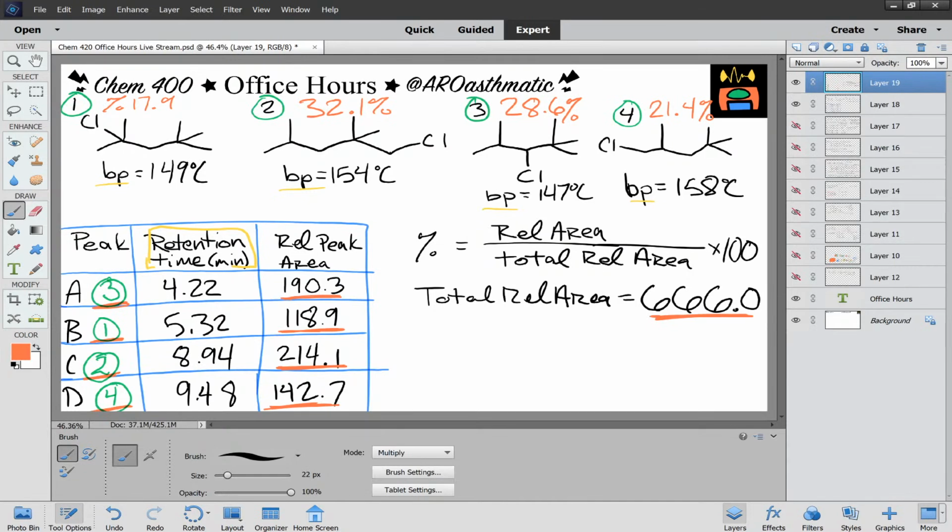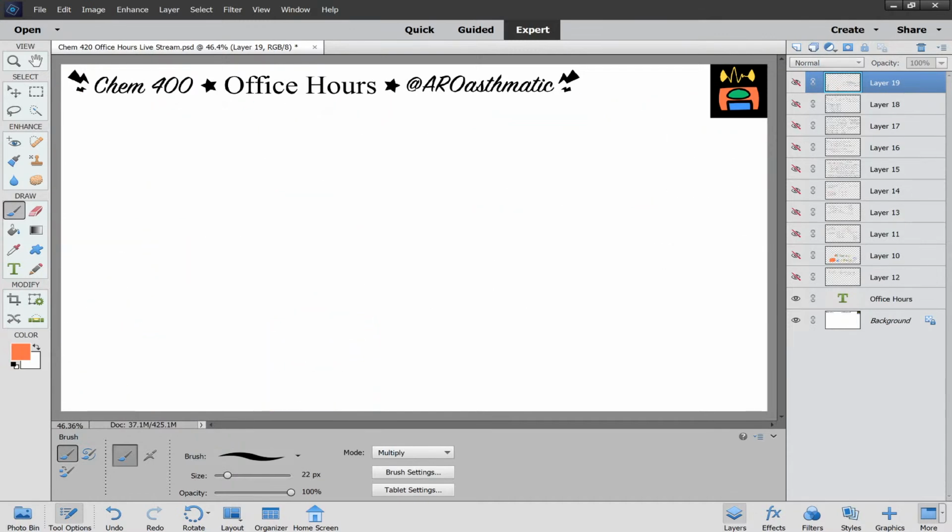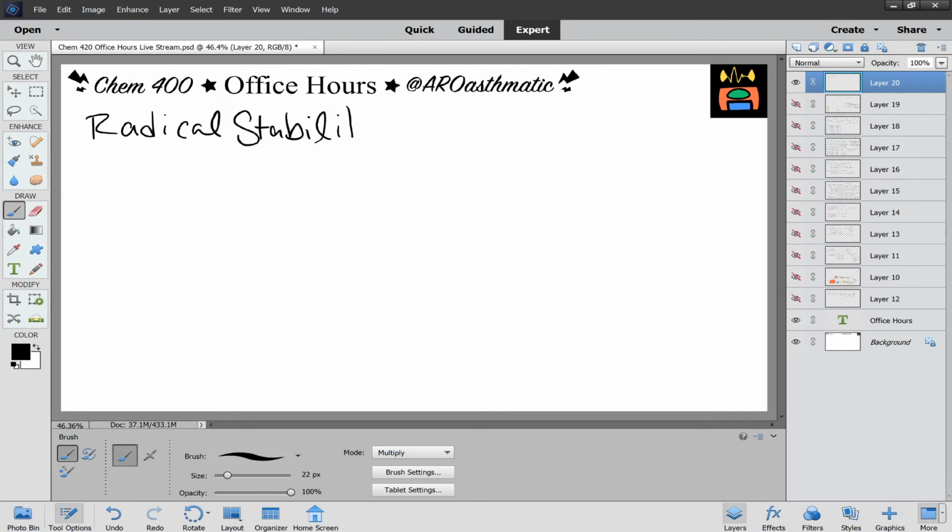Number 5, which monochlorination product is formed from the most stable radical? Well, we know that when it comes to radical stability, tertiary radicals are more stable than secondary radicals, and secondary radicals are more stable than primary radicals.